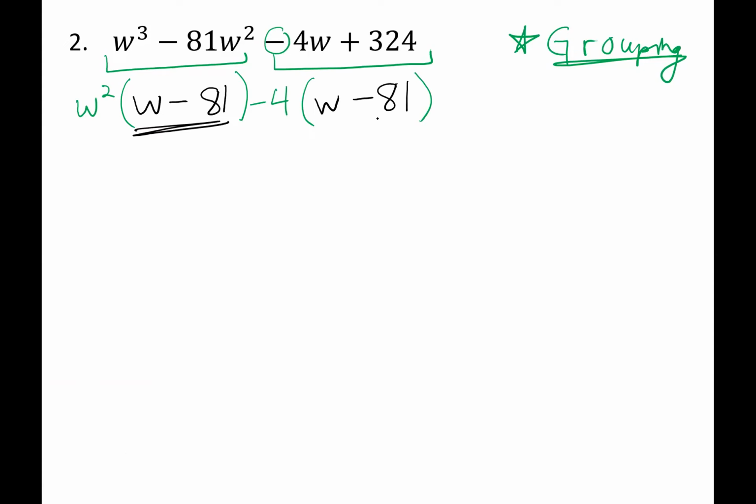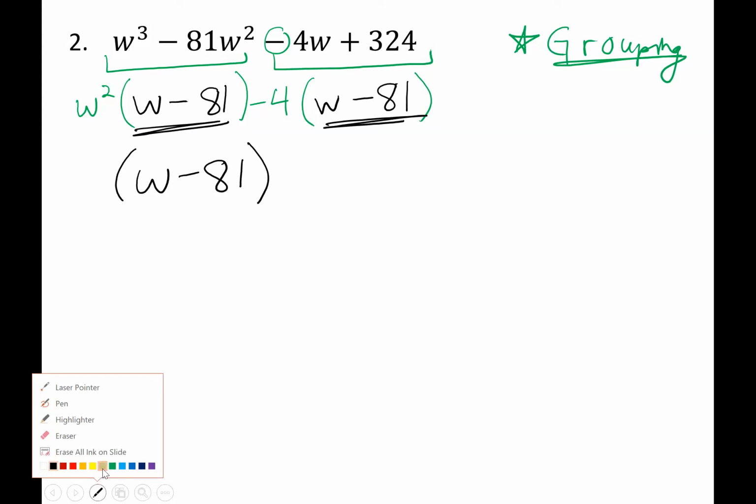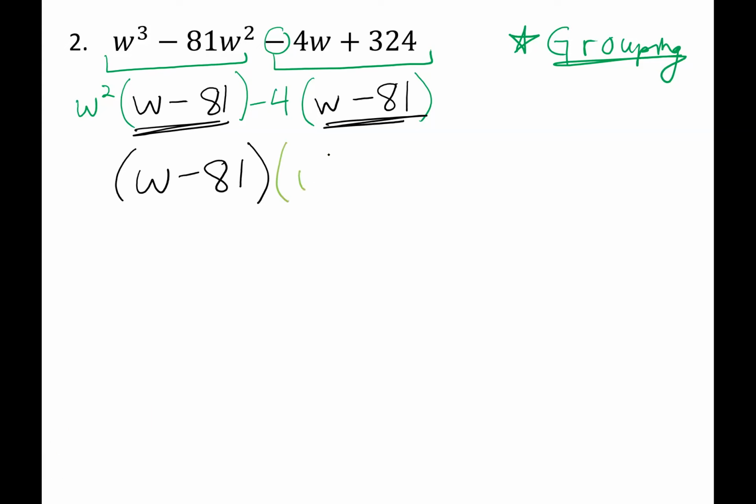The w minus 81, that's your common factor, so let's rewrite that, w minus 81 parentheses, and then our next factor will be w squared minus 4. This is normally when the problem is over. However, it's not over because w squared minus 4, that is a difference of squares.